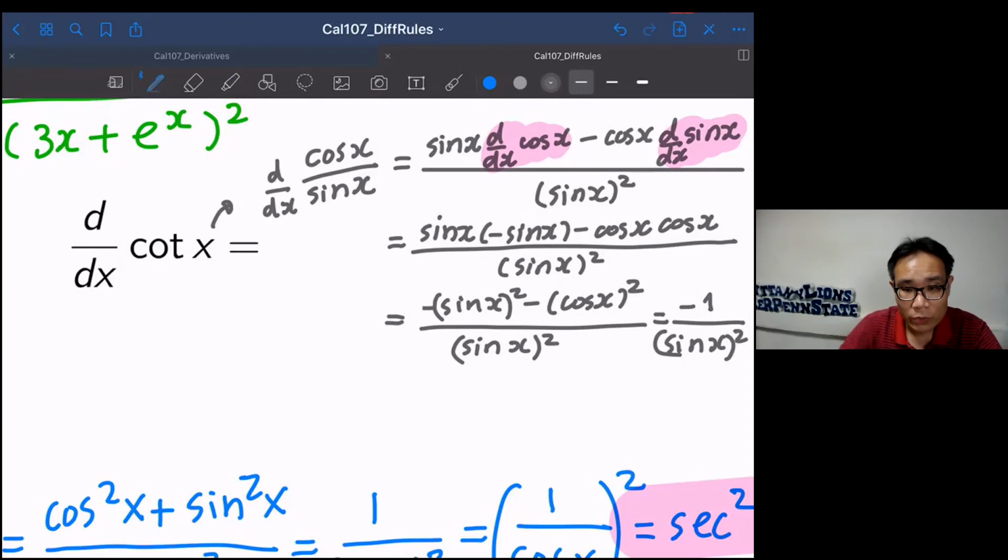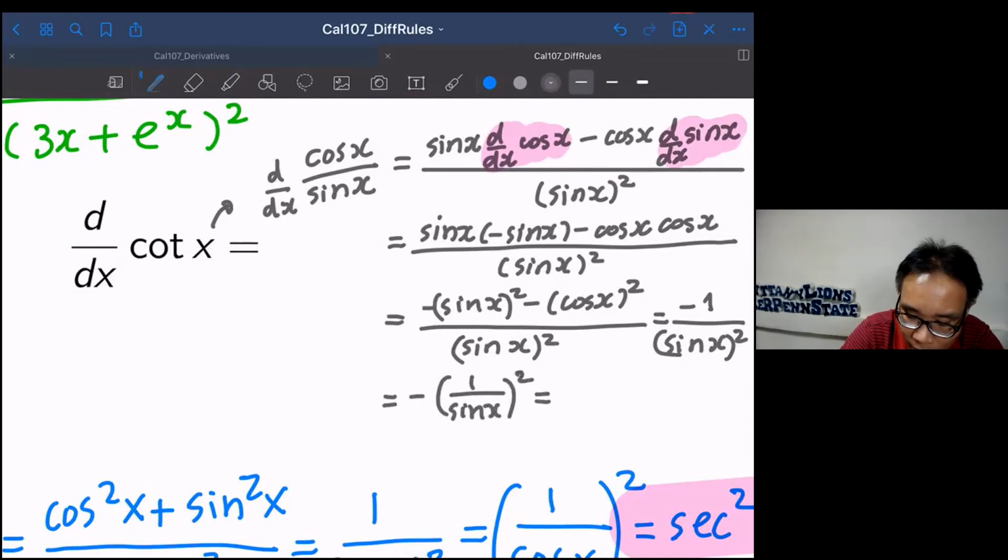Like I used before, cos squared plus sine squared equals 1, right? So in this case, you get negative 1 over sine squared x, and this is negative cosecant x squared.